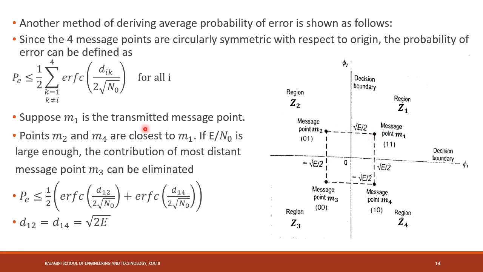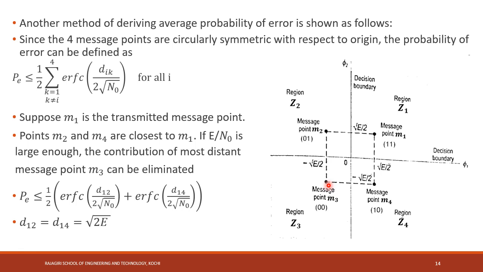So suppose M1 is the transmitted message point. M2 and M4 are the points which are closest to M1. So if E by N naught is very large, you can eliminate the contribution of the most distant point M3.